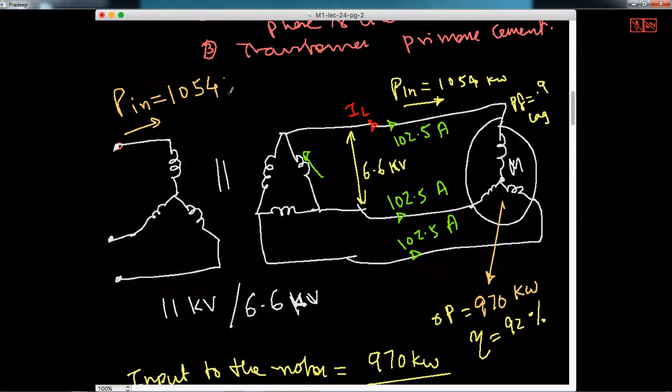Strictly speaking, if the losses of the transformer are given, we have to add them, but let's not worry about the accuracy here. Now, because that data is not given, from this I can also find the line current in the primary.